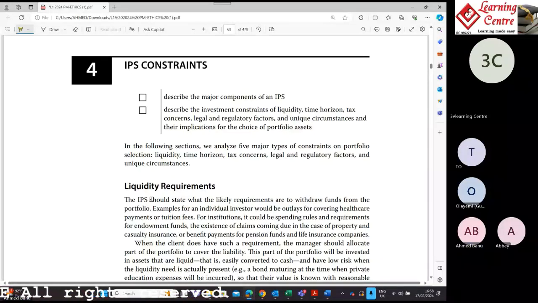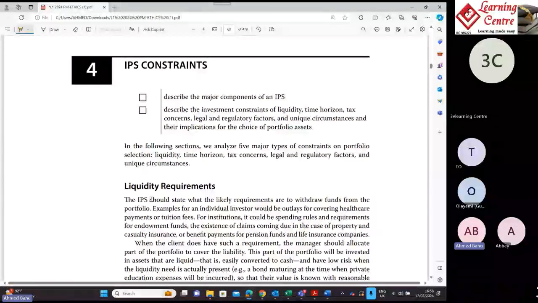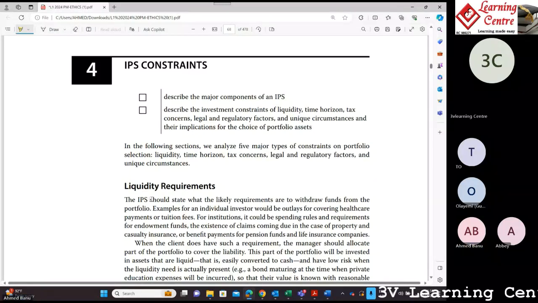That is our liquidity requirement. I need to know if there's any possibility of a significant cash withdrawal from the investment portfolio. Now, your liquidity requirements can be planned and it can also be unplanned.